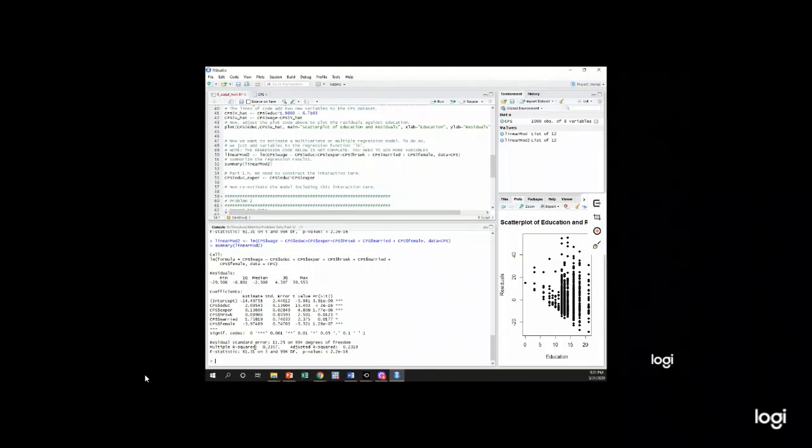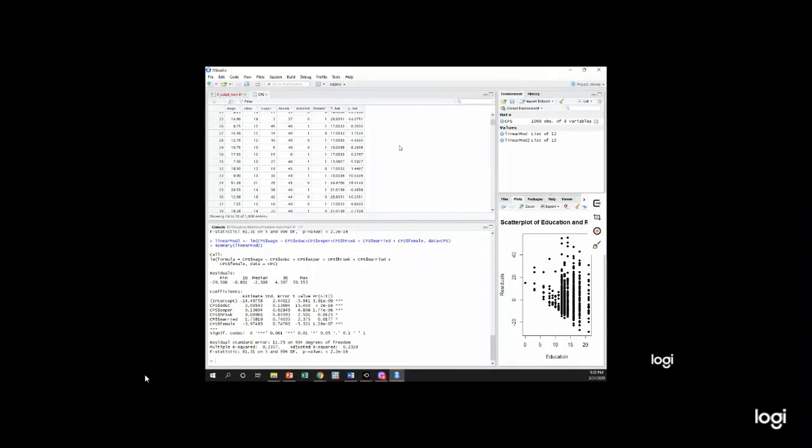But for this little lecture, we're focusing on the R squared. So the residual standard error, that's the standard error of regression, with 994 degrees of freedom. That's going to be n minus k minus 1. So n was 1,000. Yeah, 1,000 observations.